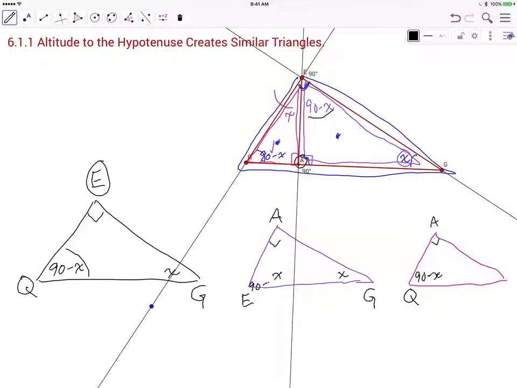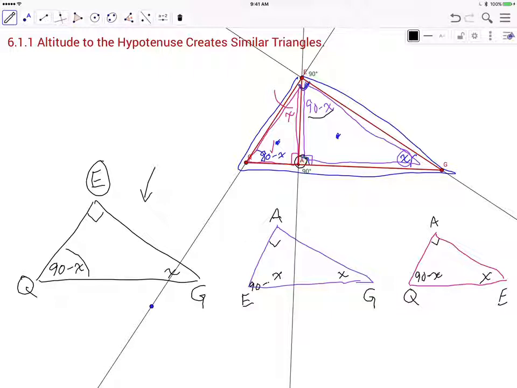And pink, over here, the x angle will be up at E. Now in your mind you're going to have to think about these as flipping around, right? So the large triangle is in the same position as the entire triangle. These have to be flipped and moved for purple and for pink. So spend some time thinking about that.